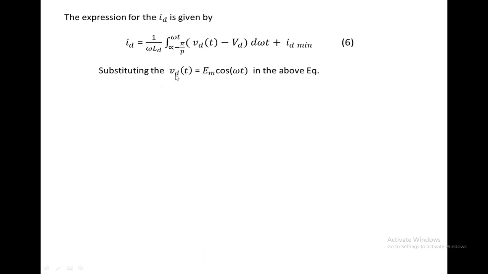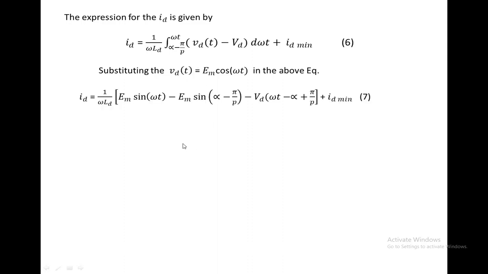This is the expression for Vd of t. Now substitute Vd of t in this equation and find out the integration. We get Id equal to 1 by omega Ld times Em sin omega t minus Em sin alpha minus pi by P minus Vd into omega t minus alpha plus pi by P, plus Id minimum. This is the expression for Id.